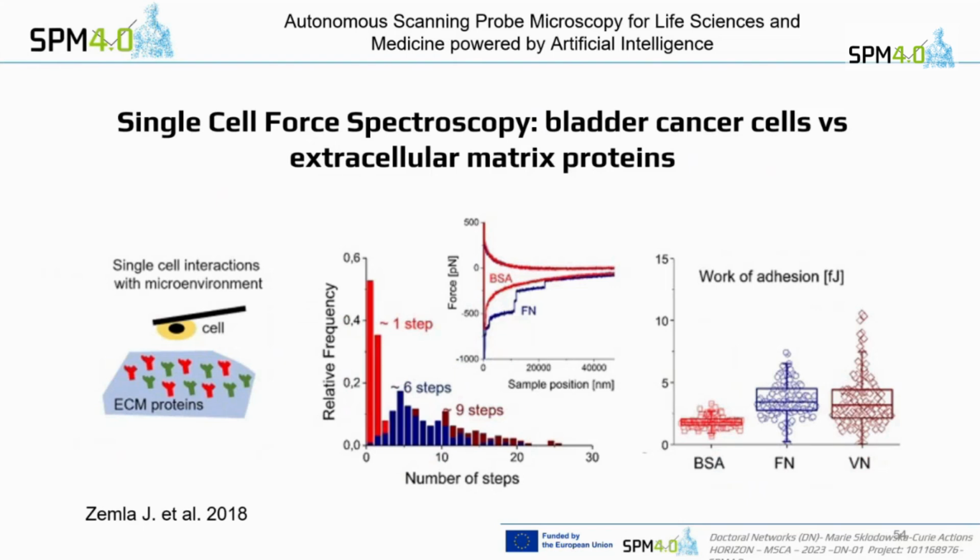Now the inverted system. So now we are probing the proteins on the substrate, and the cell is our probe. So this approach has several factors we have to be aware of. First of all, the contact area.